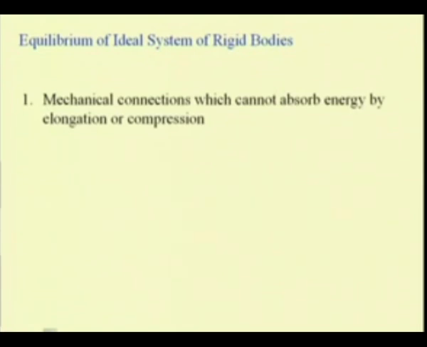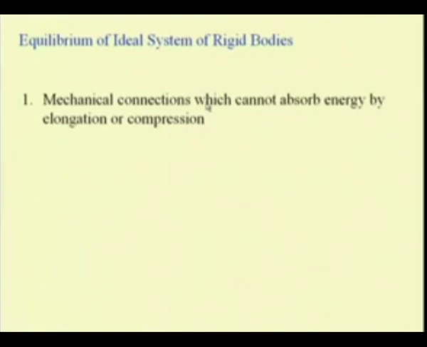We define a system of connected rigid bodies as ideal if the mechanical connections do not absorb energy by elongation or compression. That means the system should not have elastic members like springs or other kinds of elastic members which can absorb energy when some forces are applied.